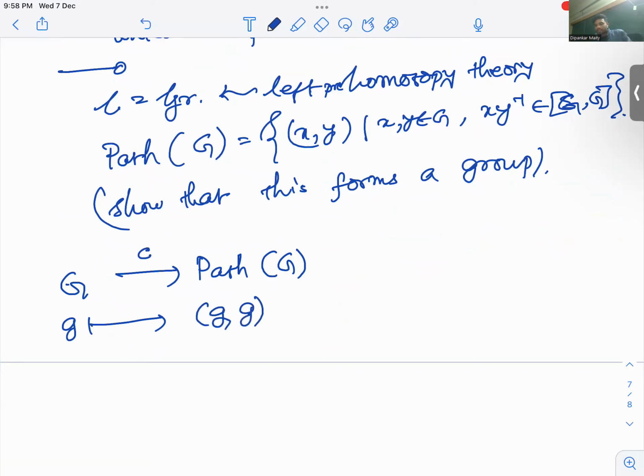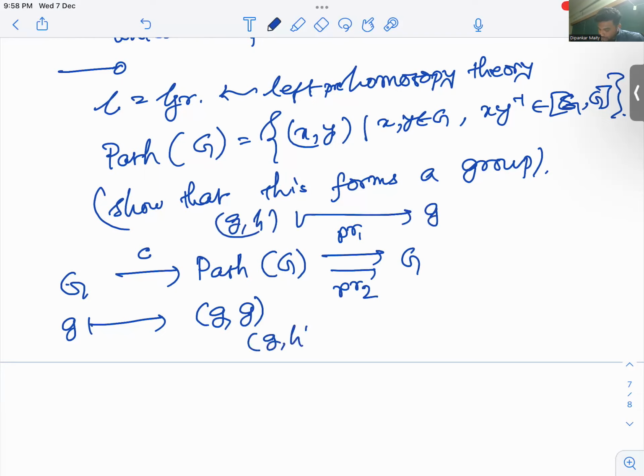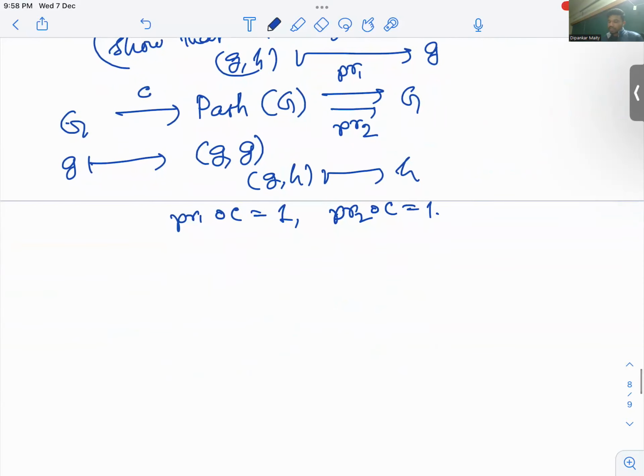Well, g and g inverse, g composed with g inverse is of course the identity, which belongs to the commutator subgroup. So this lands indeed inside path G. From path G to G, there are two projections, PR1 and PR2. The first one maps g, h to g, and the second one maps g, h to h. Clearly, PR1 composed with c is equal to 1, and so is PR2 composed with c. So immediately, you conclude that this gives you a path structure in the category of groups.